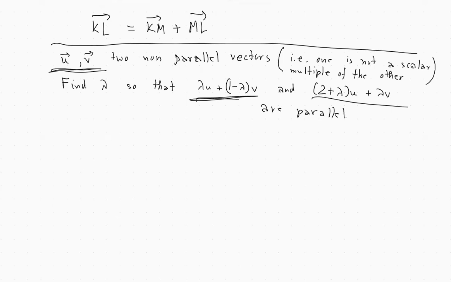Here one might ask, is it possible for the vectors that we just took, these two vectors, to be zero, or one of them to be zero? And the answer is no. Exactly because U and V are not parallel, the only way to make this linear combination zero is if both numbers lambda and 1 minus lambda are simultaneously zero, and this can never happen. Lambda and 1 minus lambda cannot both be zero.